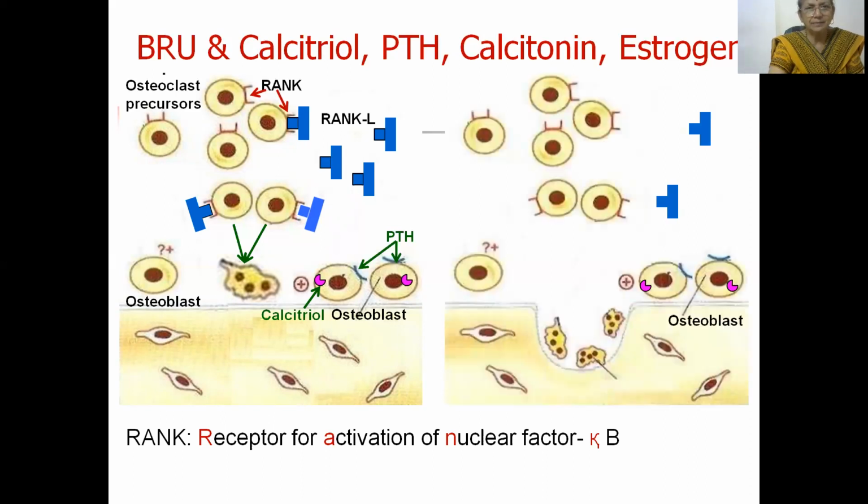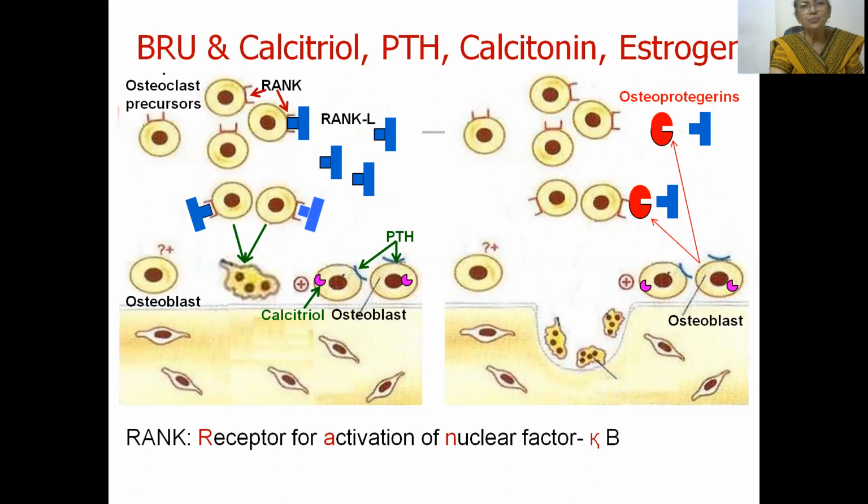When they start digging, they dig and they engulf all the dug up matrix. This is also important to remember when we talk about bisphosphonates, that osteoclasts dig up the bone material and eat it up, so that a clear pit is made available for osteoblasts to fill it up with the osteoid matrix and the minerals. When a sufficient size pit has been dug, osteoblasts, interestingly, will stop further digging by releasing a substance called osteoprotegerin.